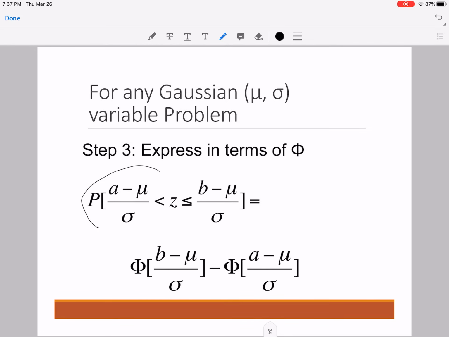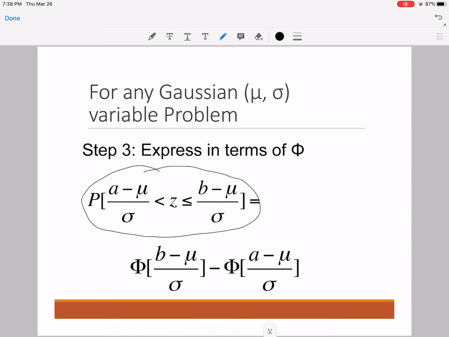Now I have expressed the probability that X belongs to an interval a to b in terms of the probability that Z belongs to this particular interval. Now I'm going to use the CDF property of my standard normal random variable Z and obtain this probability as the difference between the cumulative distribution functions at the interval points.